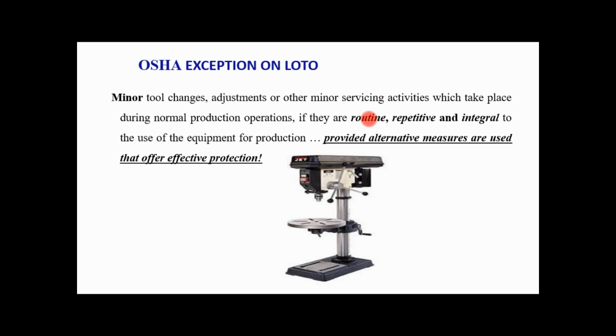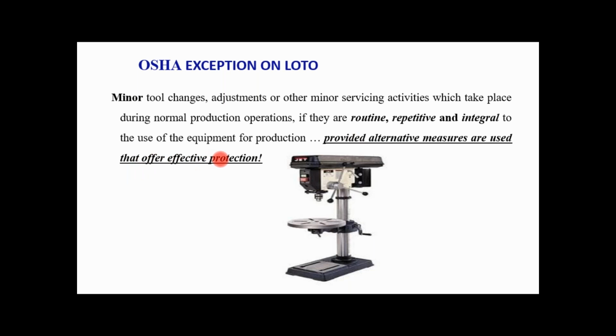That is nothing but the routine activities of small machinery, small equipment, or some repetitive work or repetitive task which is not directly related to hazardous energy, or which may be an integral part of the equipment for the production line. All these are the exceptions on LOTO systems, and the condition is that alternative measures are used that offer effective protection.